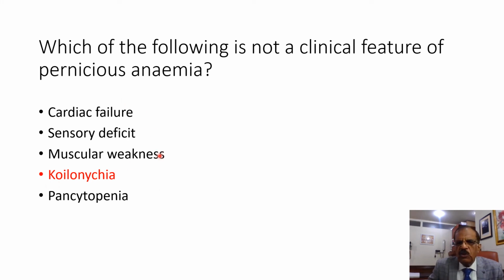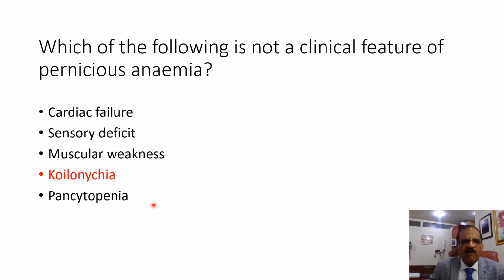All these are features of macrocytic anemia. That is why we call it pernicious anemia. Pernicious is something which could be fatal. So cardiac failure can occur, sensory deficit and muscular weakness can occur because of subacute combined degeneration of the spinal cord, and pancytopenia because vitamin B12 is required for DNA synthesis, and DNA is required for the formation of all 3 cell series in the bone marrow.